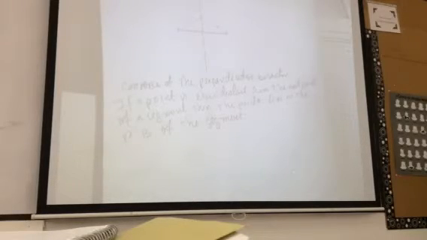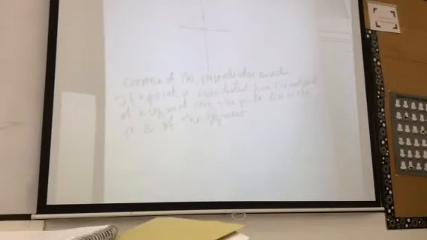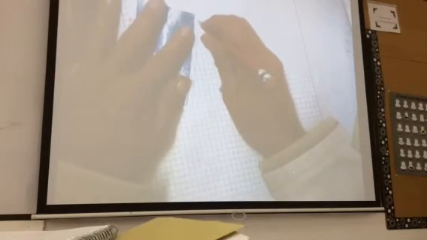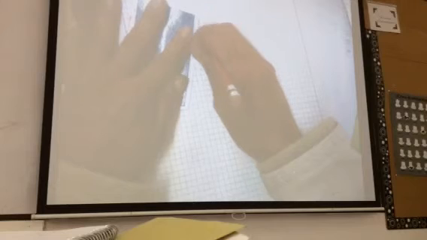If a point is equidistant from the endpoints of a segment, then the point lies on the perpendicular bisector of the segment. Okay, I want you to draw an acute triangle, an obtuse triangle, and a right triangle.